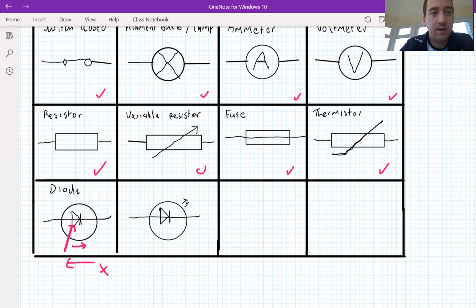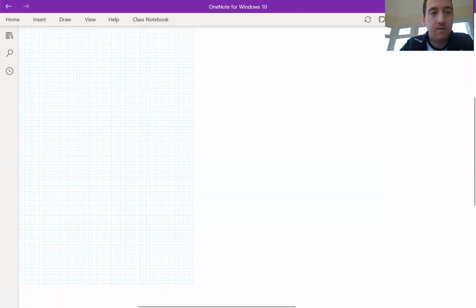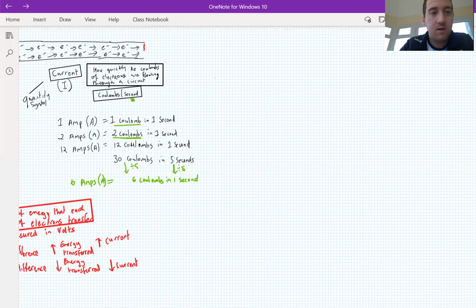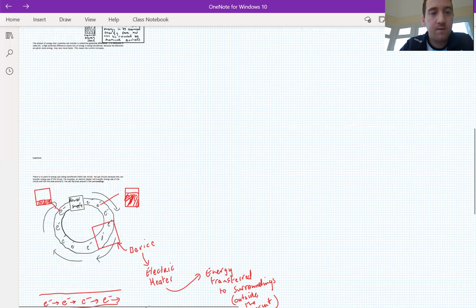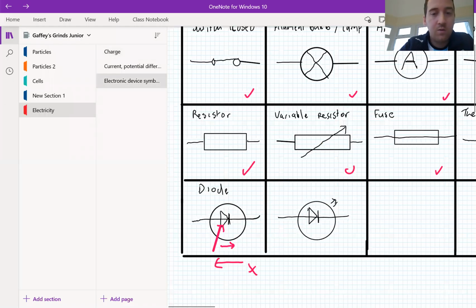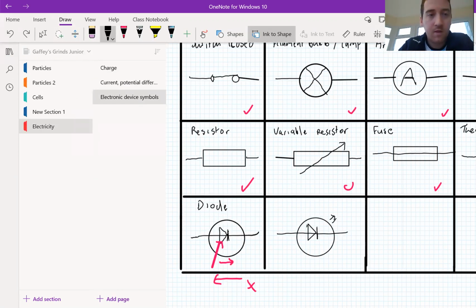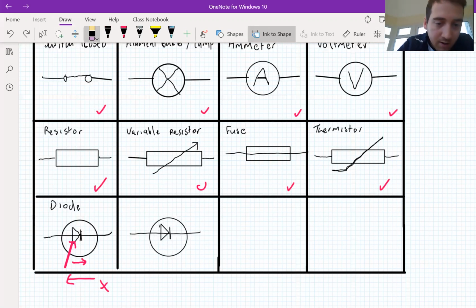I'm just going to get rid of them and draw them a little bit better. Okay, you've got two little arrows pointing out of the diode in the top right corner.